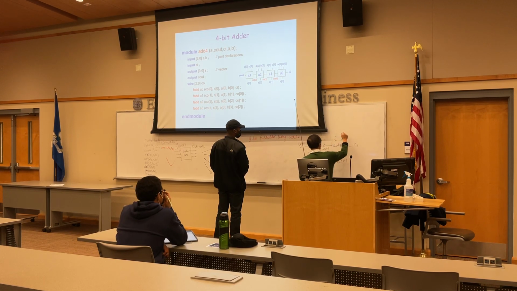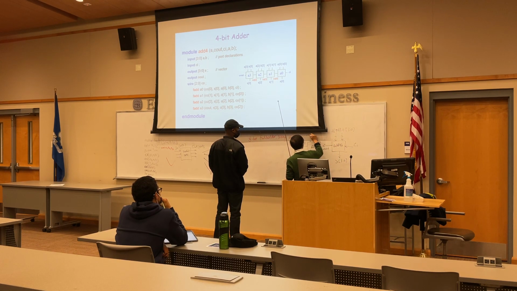And this may be A3 to 0, and A7 down to 4. Oh, this is A, this is B. This is A7 down to 4, and this is B7 down to 4.